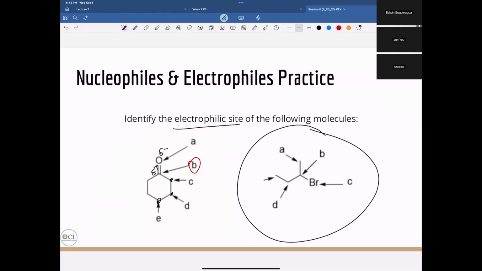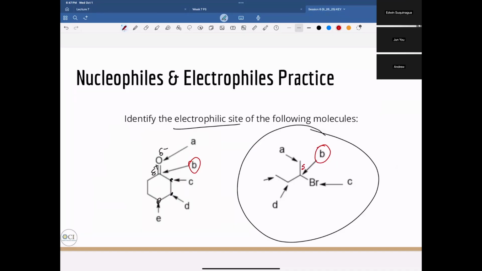C would have the partial negative, but is that what an electrophile is? That's more like a nucleophilic region, right? Electrophilic region would be a partial positive, right? So which of these lettered atoms are going to bear a partial positive charge, sorry? Would it be the B then? Yep. Does that make sense?